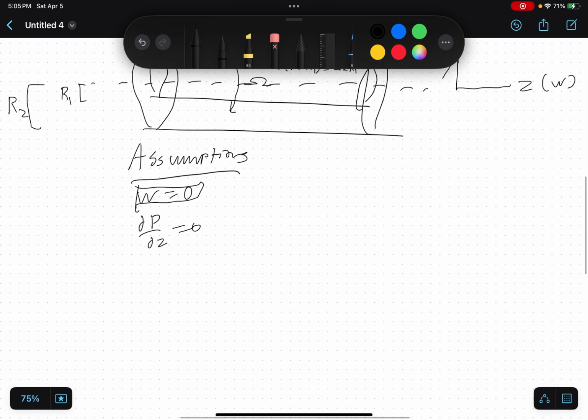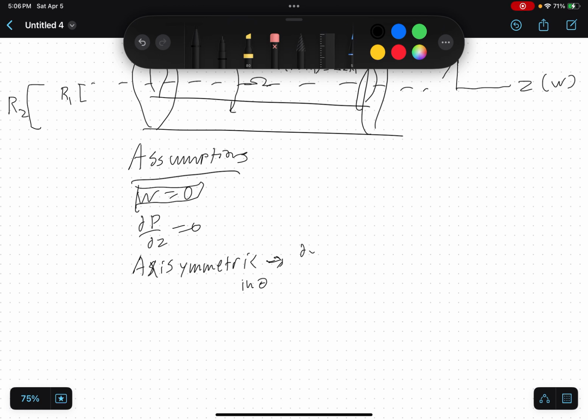And we assume that it's axisymmetric. And that means, it's weird, it's basically like infinitely long in x, but it's axisymmetric in theta.